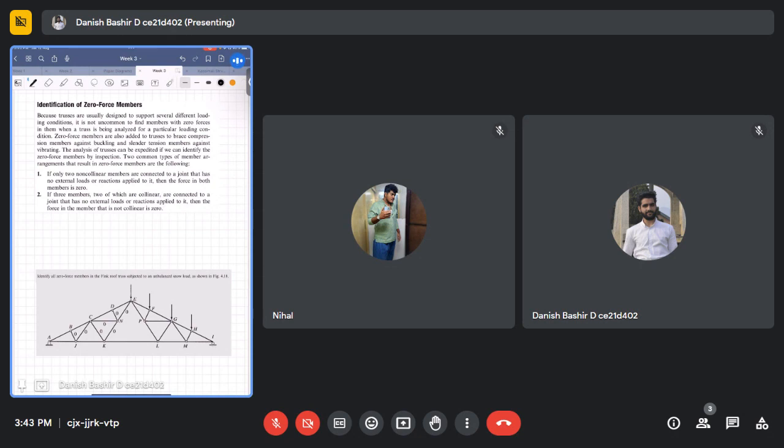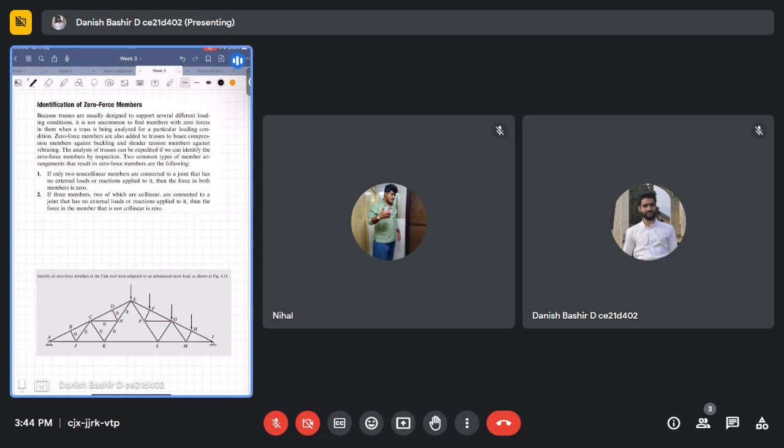So if a truss structure is given to you, how will you be able to determine the zero force members? Determining the zero force members first is very necessary for the analysis of a truss. When you determine the zero force members, you omit all those members from the truss structure, so that your truss structure gets simplified, and you will be able to solve it very easily, either by method of joints or method of sections.